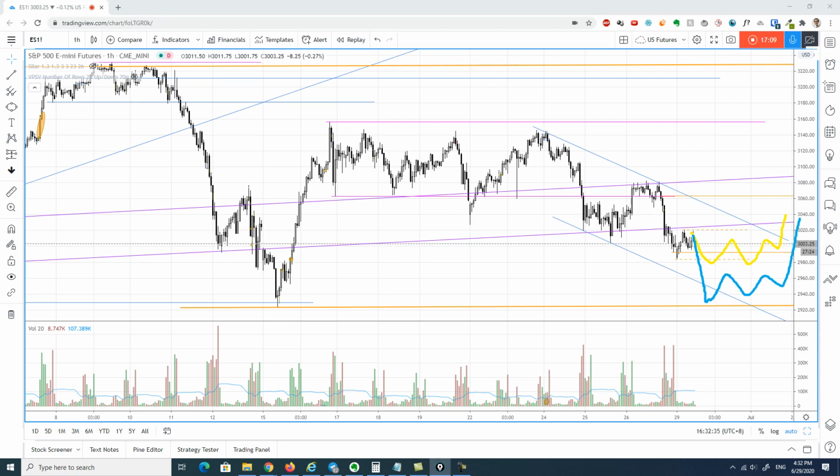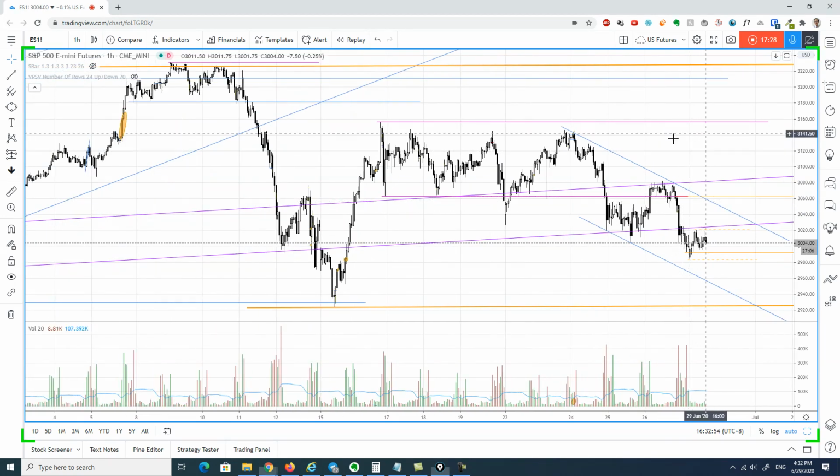So this is definitely for the bullish case. As long as it doesn't really break down from this swing low 2925 or 2920, then I'm still bullish long term.